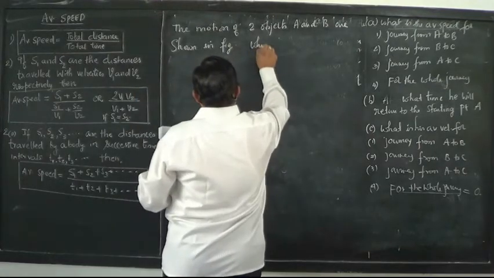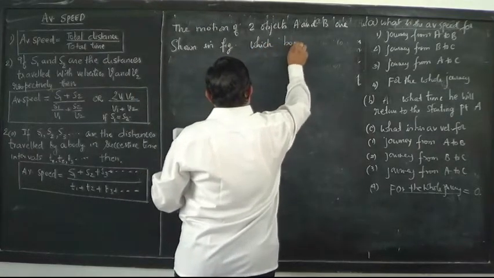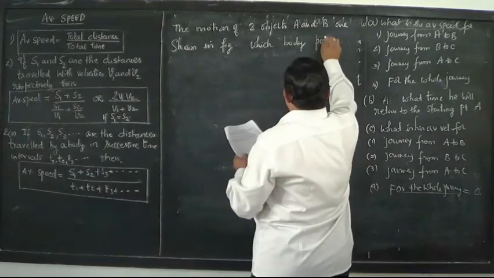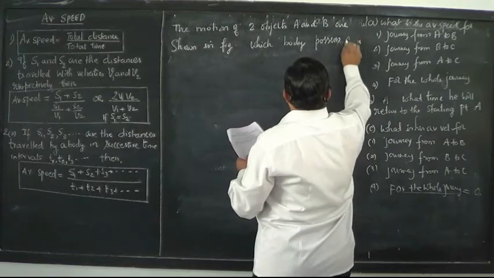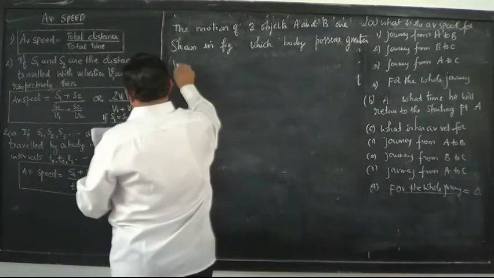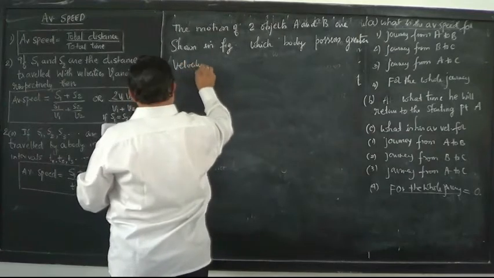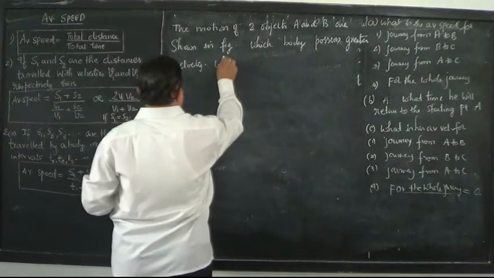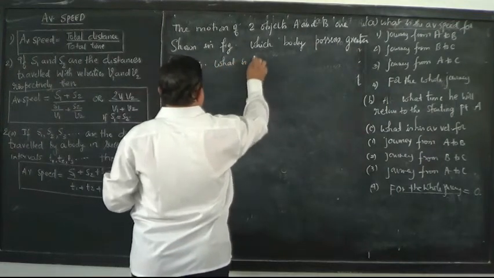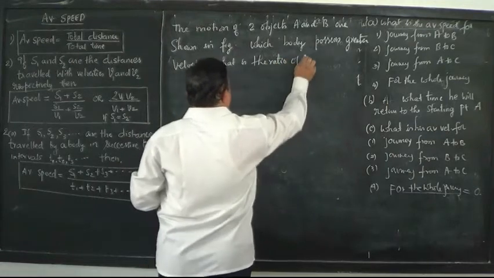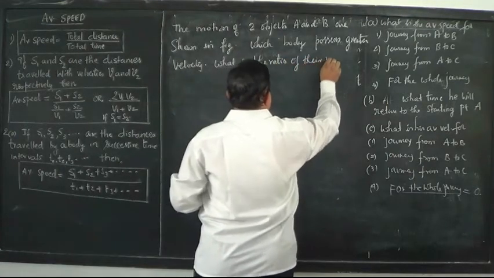Which body possesses greater velocity? What is the ratio of their velocities?